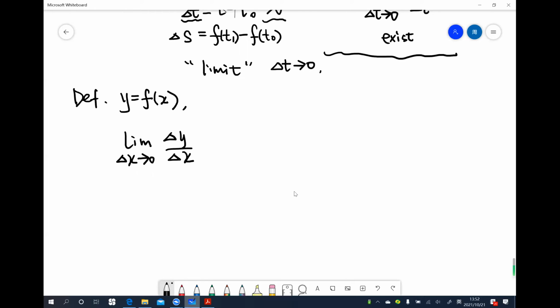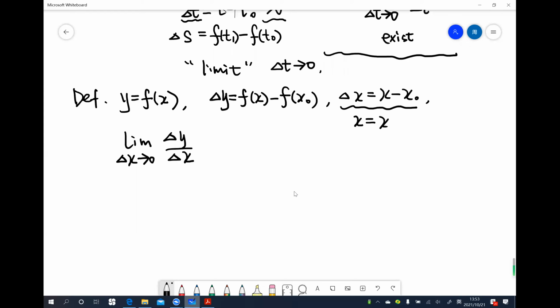Here delta y equals f of x minus f of x0, and delta x equals x minus x0. If I change this formula, x equals x0 plus delta x, right? I can move x0 from the right to the left, so I get x equals x0 plus delta x.